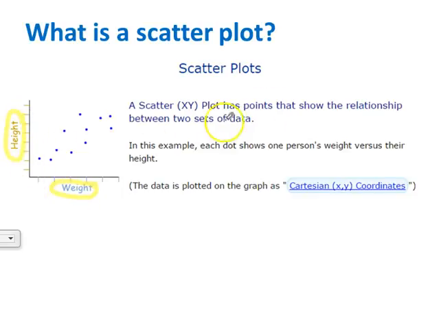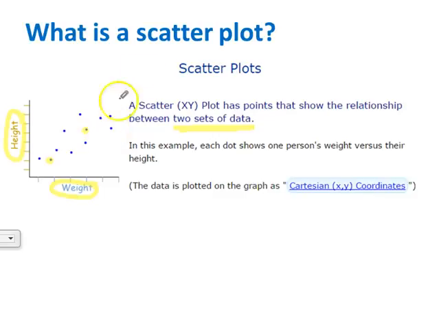So you're always going to have two sets of data that we're comparing, and then we are going to use dots showing one person's weight versus their height. So each dot represents one person's weight and height. So what we've done here is we've plotted 11 people's height and weight. So each dot represents somebody's both their weight and height.